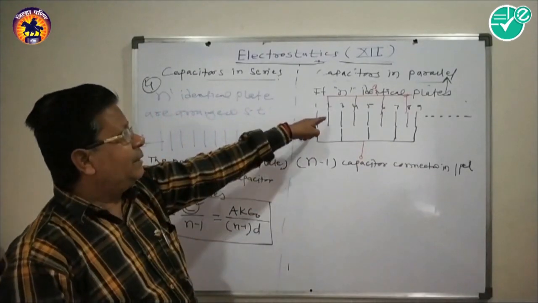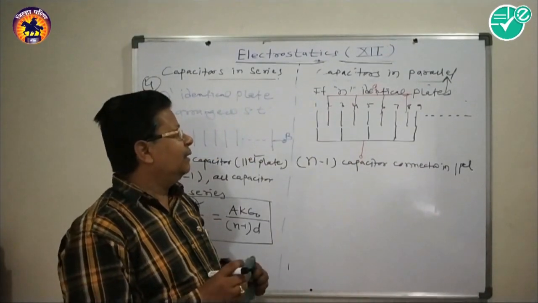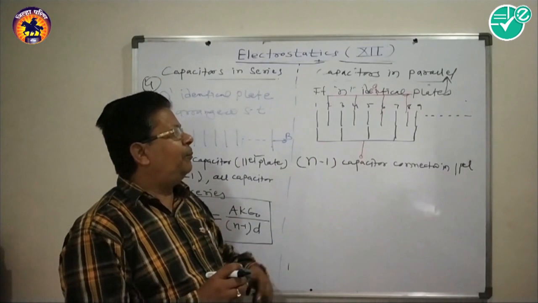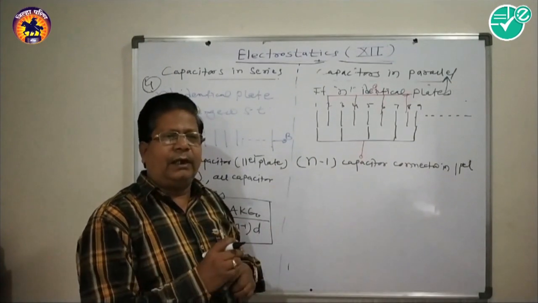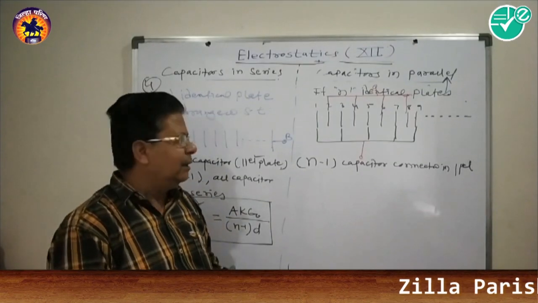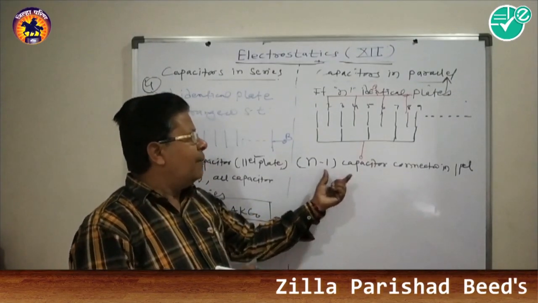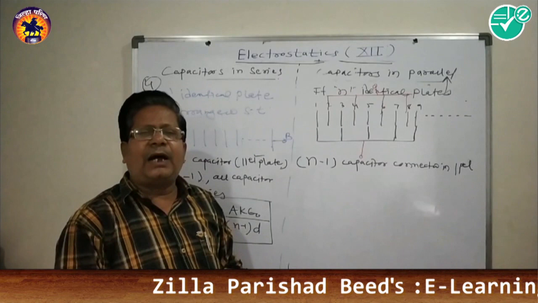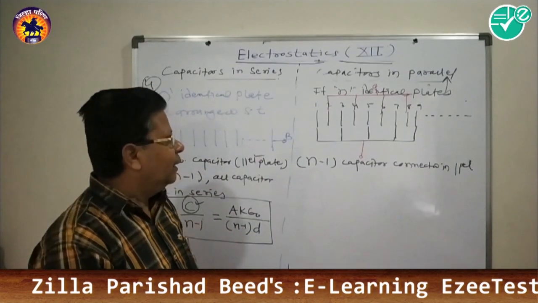So when n identical plates are taken and odd number of plates are connected together and even number of plates are connected together, then n minus 1 parallel plate capacitors are connected.